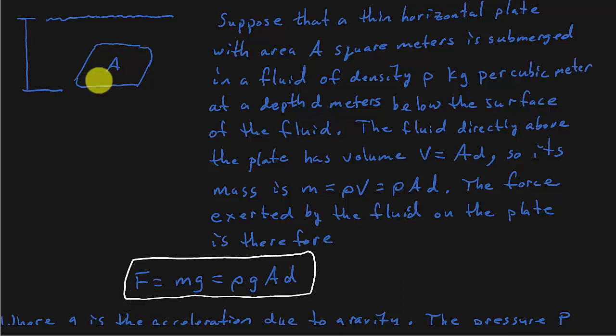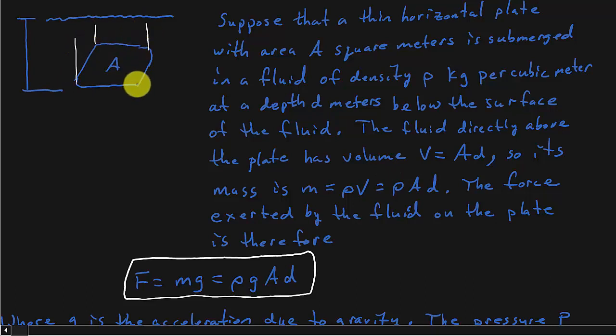All right. And so, here's your plate submerged, and they're talking about the fluid directly above the plate. So that would be the fluid directly above like this. And then it's down some depth, D. This would be D right here.